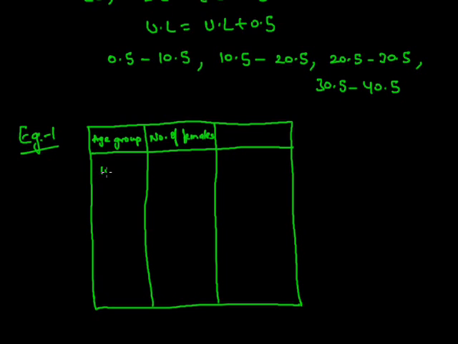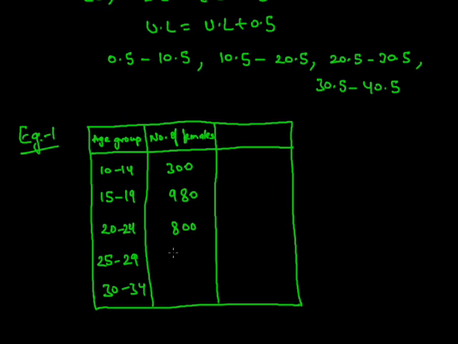Let's say the age groups are 10 to 14, 15 to 19, 20 to 24, 25 to 29, and 30 to 34. Accordingly, the number of females between 10 to 14 is 300, 15 to 19 is 980, 20 to 24 is 800, then 580, and then 290.